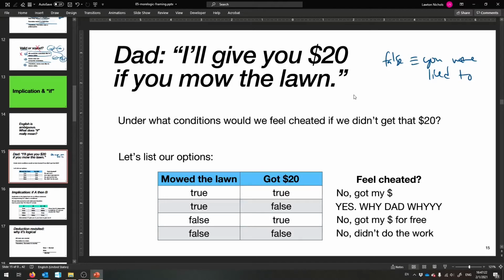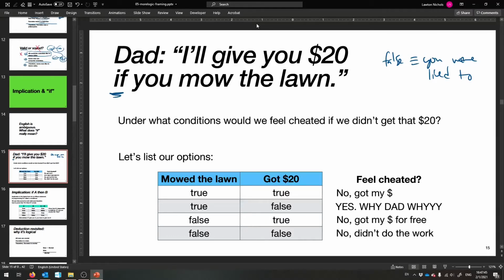And true is you weren't lied to. All right, so here's what I'd like to express logically to you, and let's just go through it. So Dad's saying, hey, son, I'll give you $20 if you mow the lawn. Okay? So that's what he said, and there's an if in it.